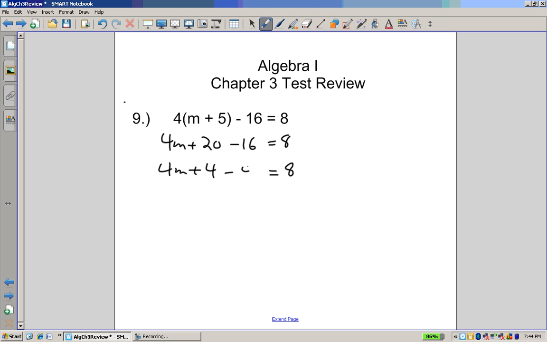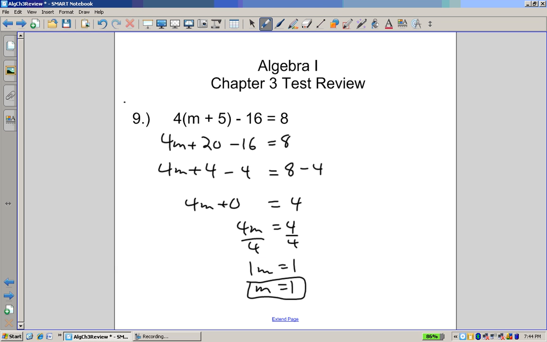First addition or subtraction. Now, remember, you can always subtract or add the opposite, either one. Depends on the context. And there we have it.